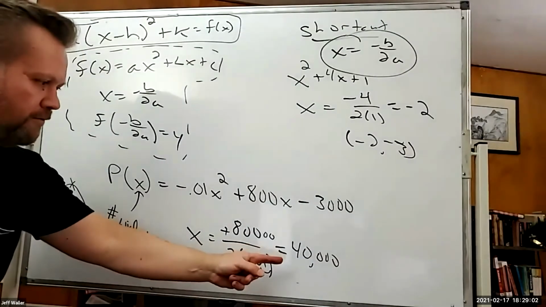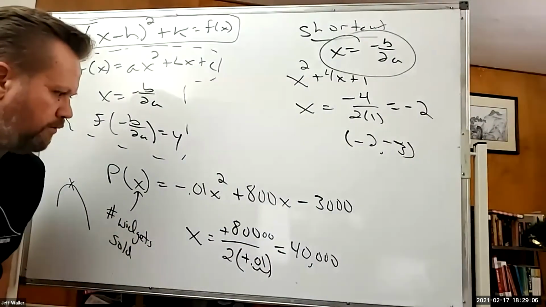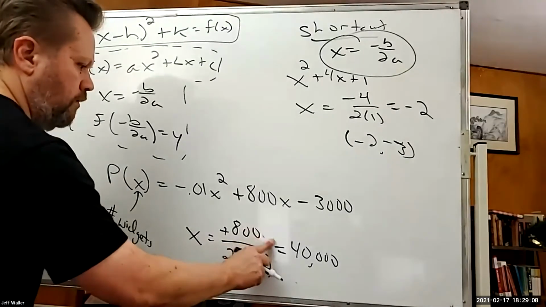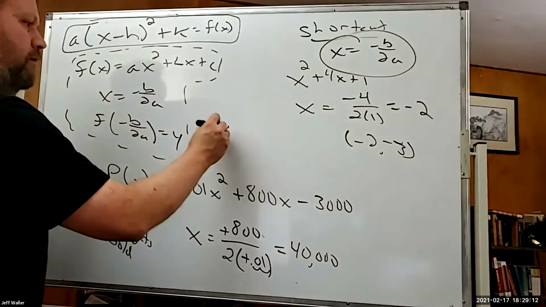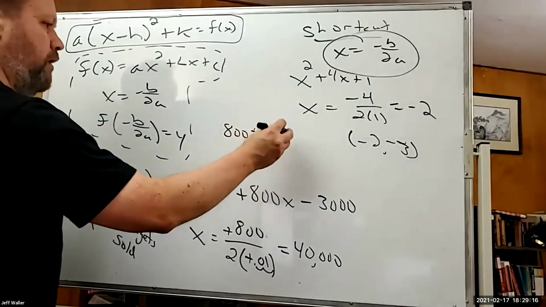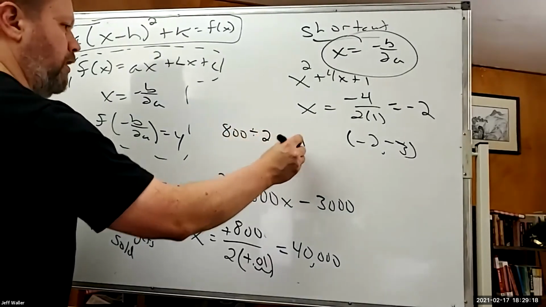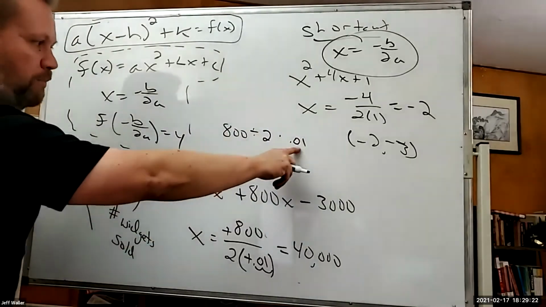How do you plug that into the calculator? Because for some reason I get 4. If you plug in there 800 divided by 2 times 0.01, you are not going to get the right answer, because I'm not multiplying by 0.01.